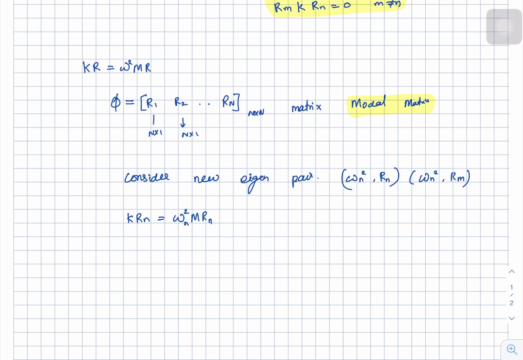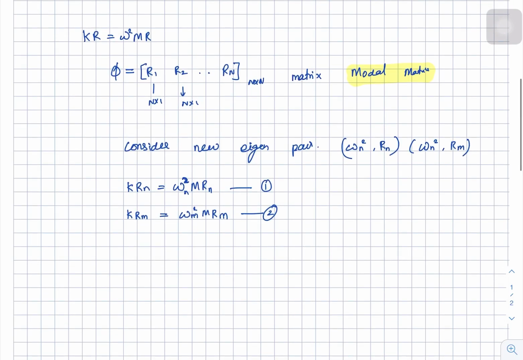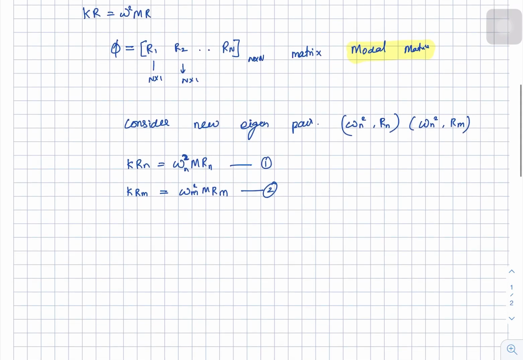Right, this is equation 1, and I write for the other one K r_m equal to omega m square M r_m. So these are two different points of the system. The system has many masses, so these are two different modes and associated responses.